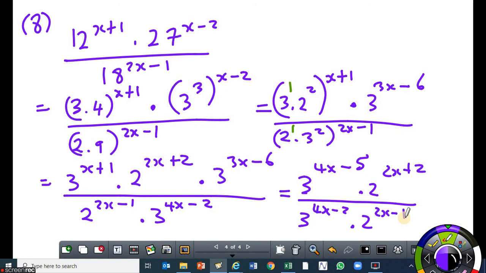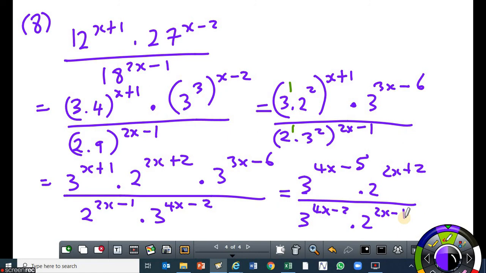Sorry? No, you can't cancel out because the exponents are not the same. Even though there's 4x here and there's 4x here, this minus 5 and that minus 2 are not equal.